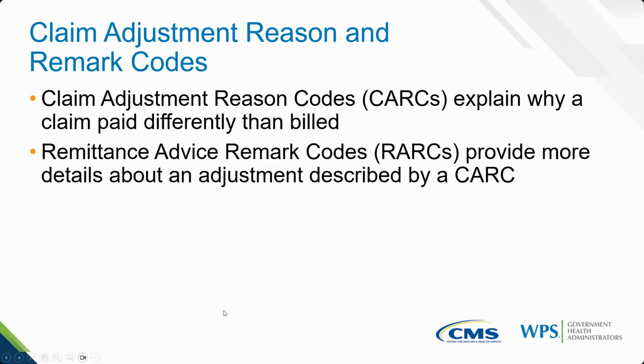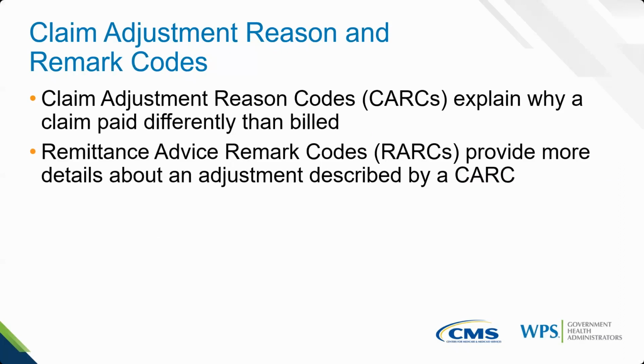Codes on the remittance advice provide information about the claim. I mentioned some codes earlier on when we had that side-by-side comparison of an unprocessable claim, or rejected claim, versus a denied claim. So claim adjustment reason codes, or CARCs, explain why a claim paid differently than it was billed.